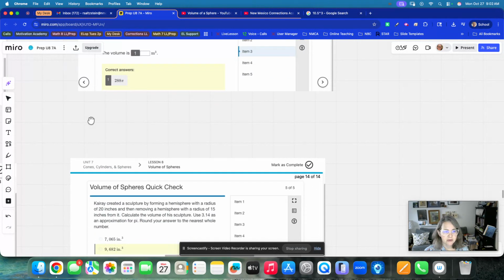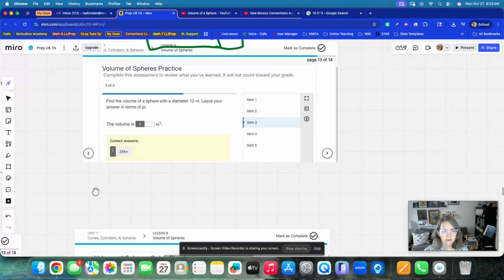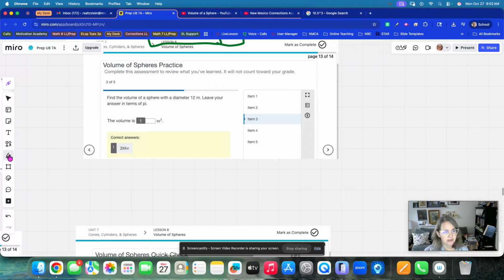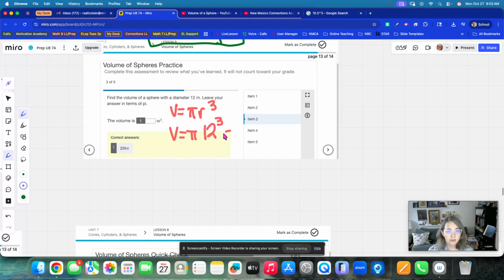Let's see, leave in terms of pi. This is another one where we want to leave the answer in terms of pi. I actually think these are a little easier. So volume equals pi r cubed, and the radius here is 12. So for this one, all we have to do is cube the radius because we're not actually going to multiply by pi. We're going to leave it in our answer.